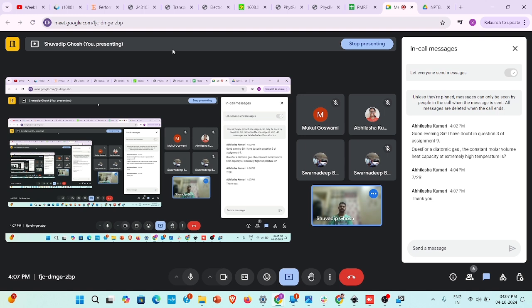If the temperature is less than theta V, you have to ignore the vibrational degrees of freedom because they contribute zero energy. If it is also less than theta R, then only the translational mode contributes, and every other mode contributes zero. So yes, it is obviously 7 by 2 kBT.